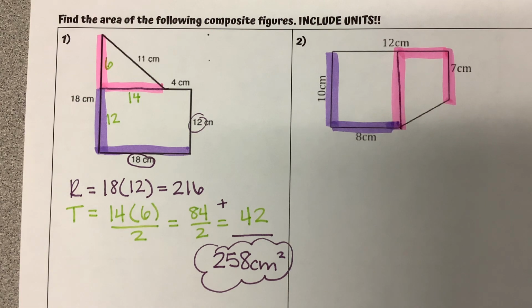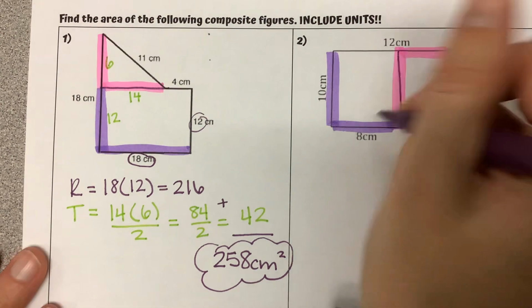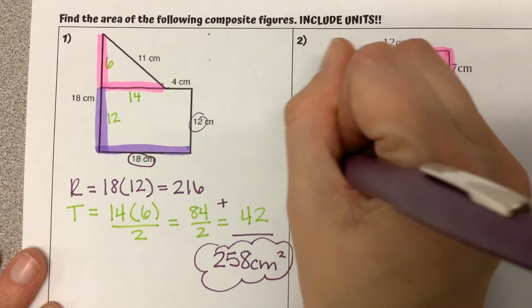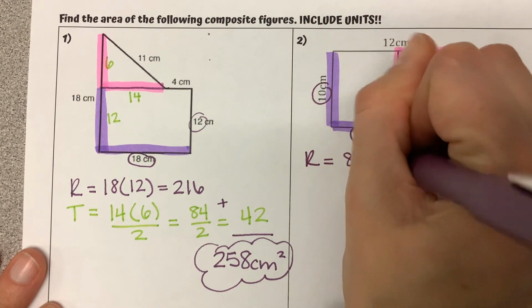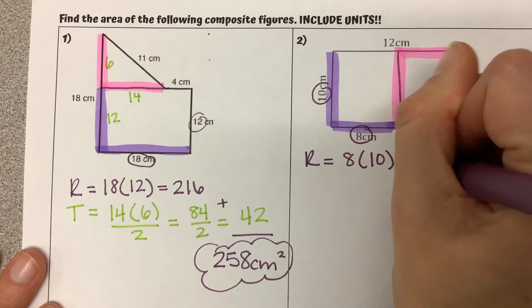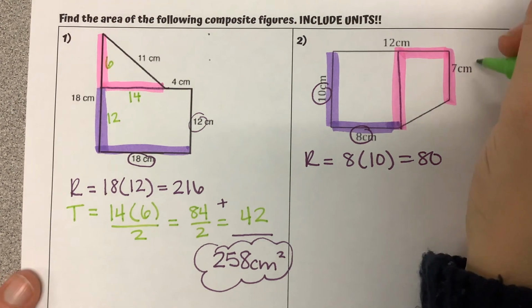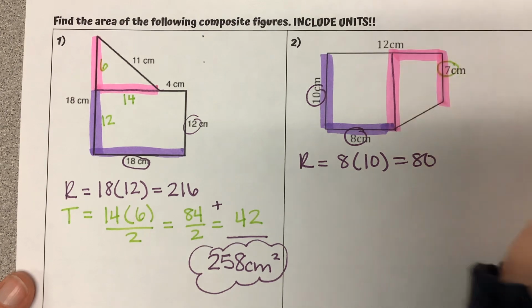So looking at the rectangle, my base here is 8, my height is 10. So for the rectangle, we're just doing 8 times 10, which is 80. Now for our trapezoid, okay, I need my 2 bases. I have this one base here of 7.